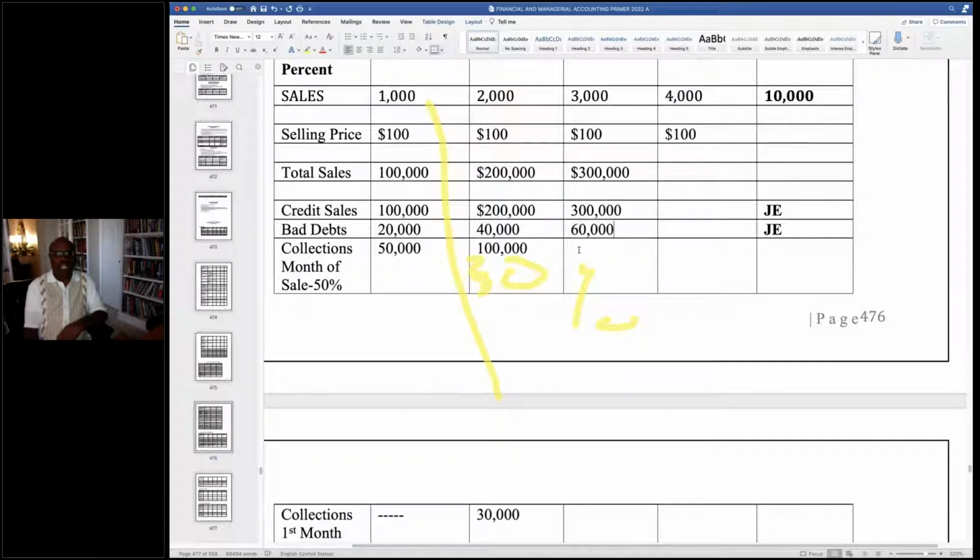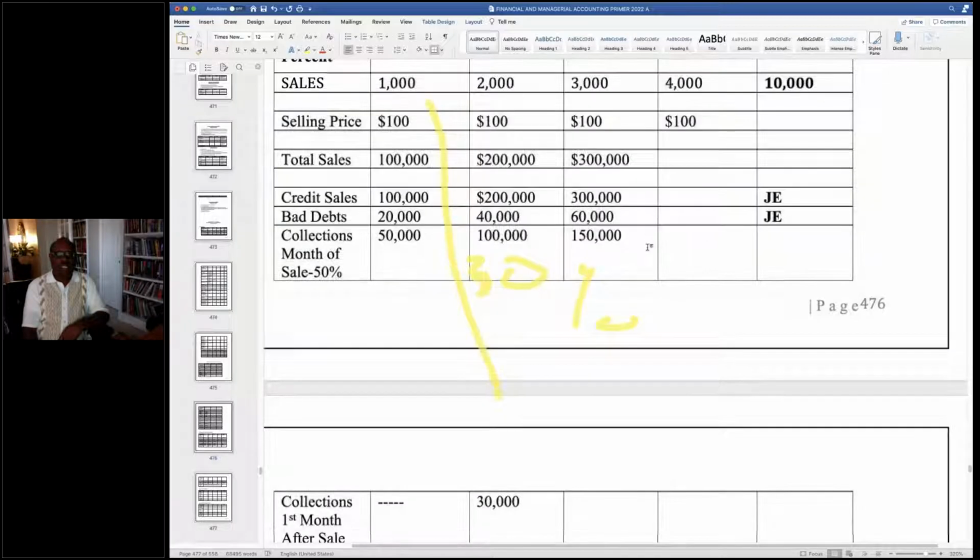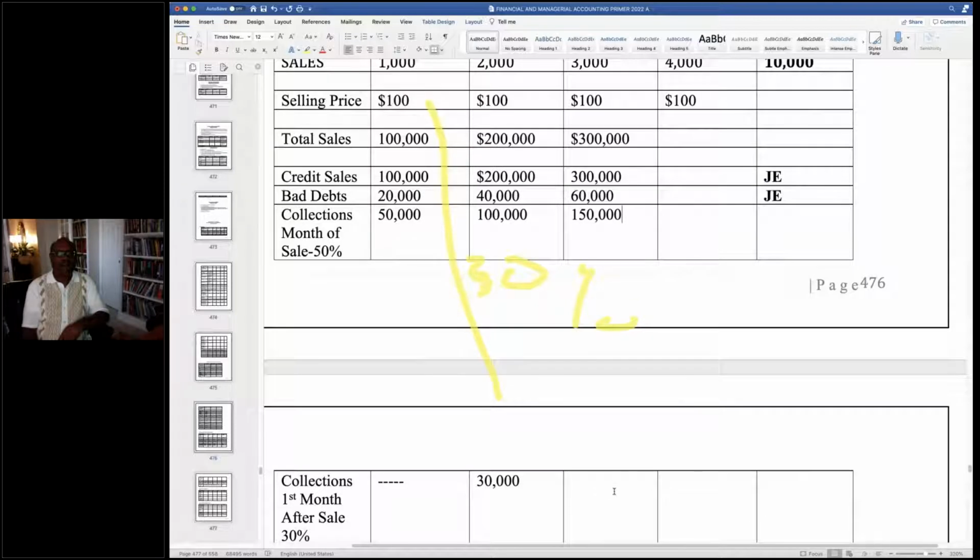And how much are we gonna collect? 150,000. How'd you get that? 50% of the current sale. What's gonna be in this box here? I should have been using formulas. That's 30% of the prior quarter, 30,000.